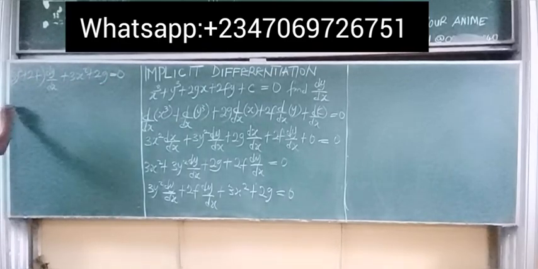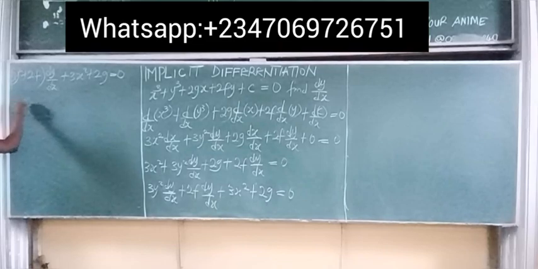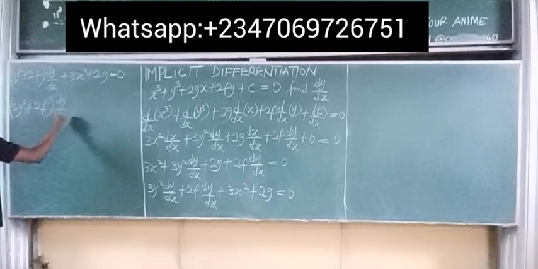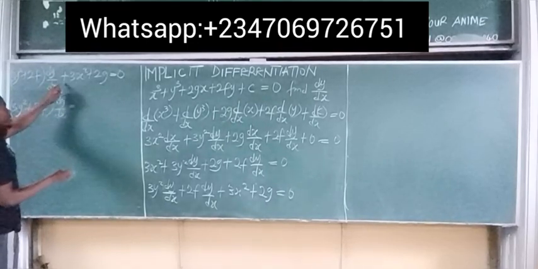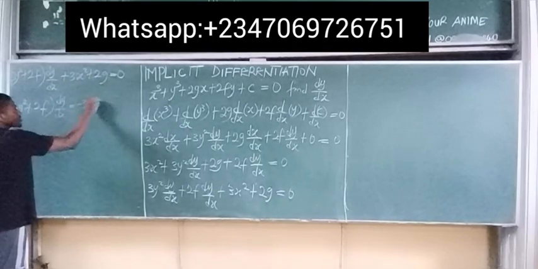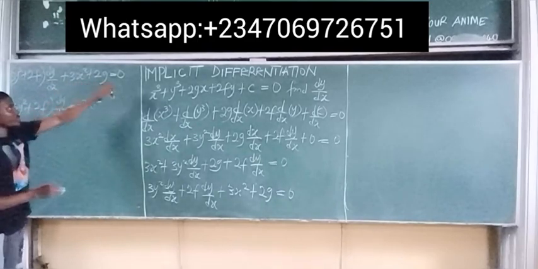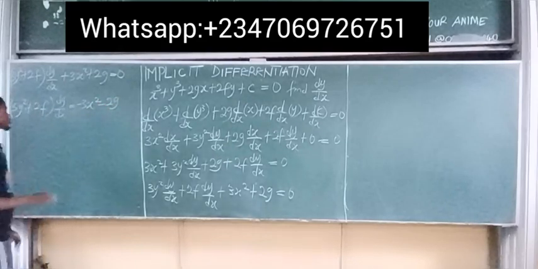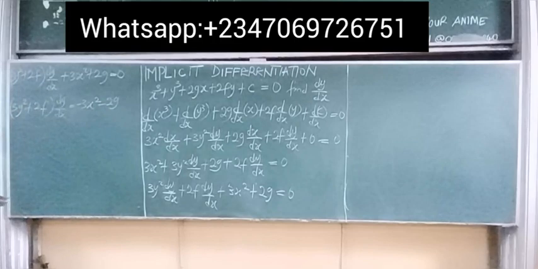And if I do that, I will have 3y squared plus 2f multiply the dy/dx is now equal to plus 3x squared crosses here becomes negative, minus 3x squared, plus 2g crosses here becomes negative as well, minus 2g. So I can now make the dy/dx subject of the formula.